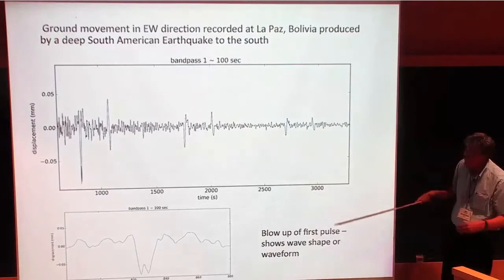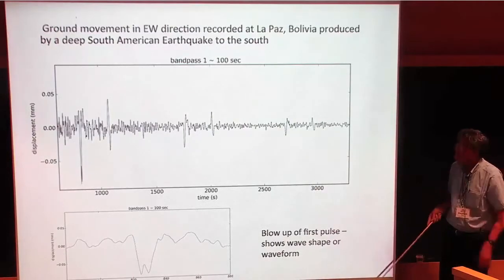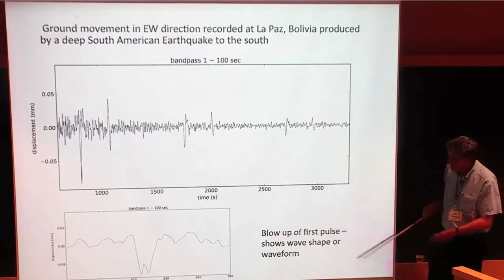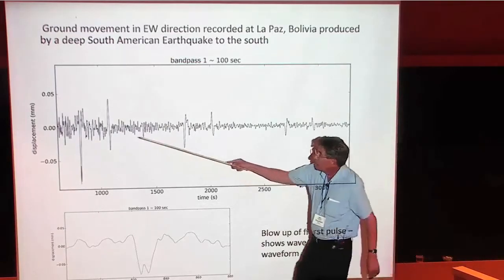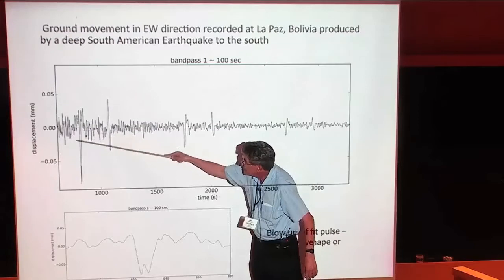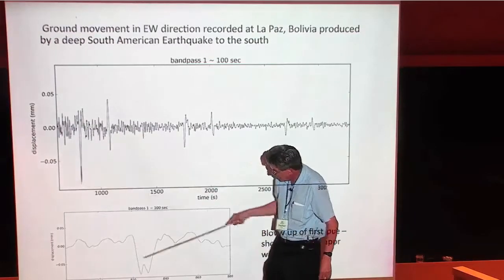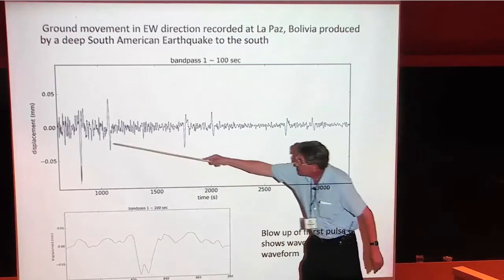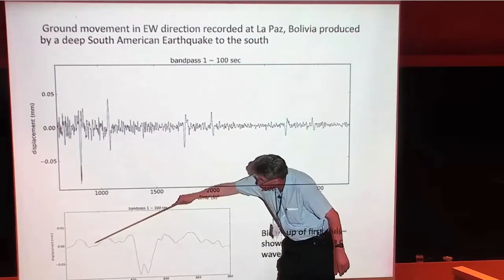We call those things phases. They're basically waves, these elastic vibrations that are arriving at the station in La Paz. If you look at a blow-up, let's say just this big pulse here, of 100 seconds, which my student made, you see that the ground was pretty stable.